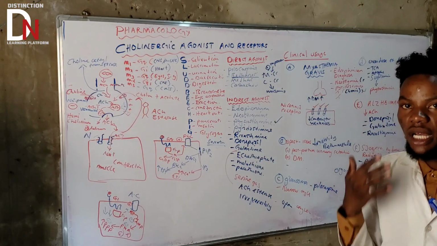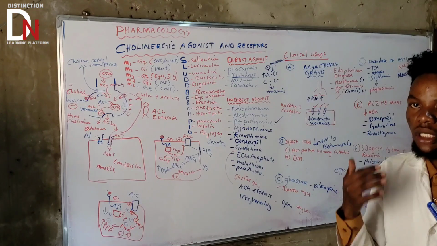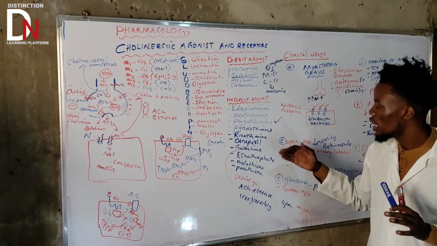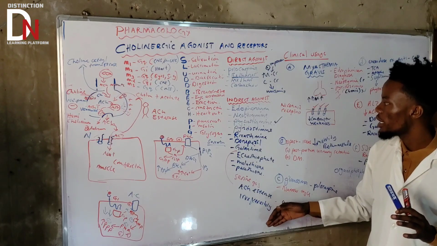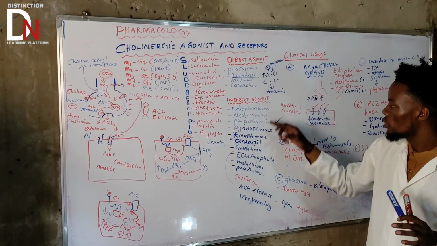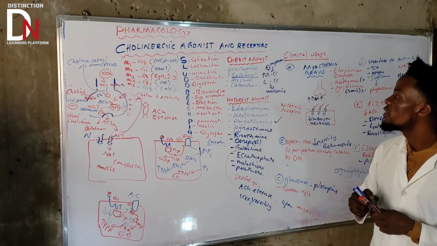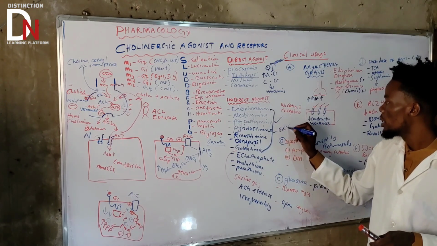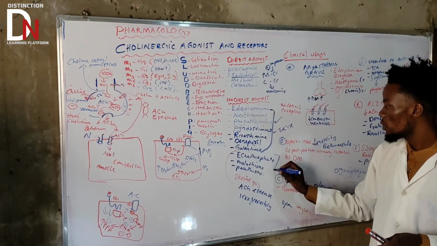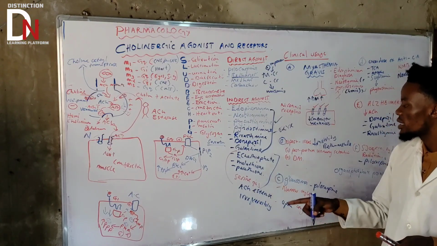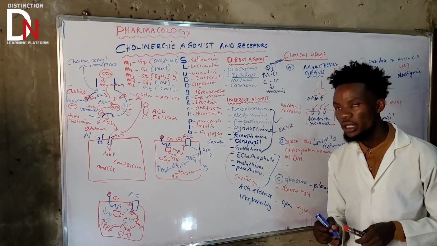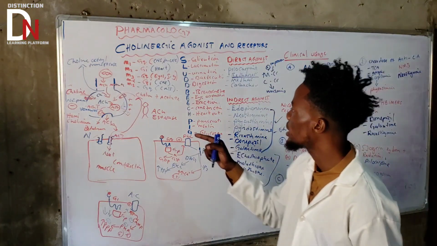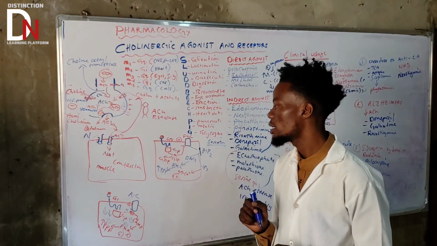The body has to make new acetylcholinesterase. So these are irreversible acetylcholinesterase inhibitors. Starting from edrophonium up to galantamine, these are reversible. But starting from echothiophate up to sarin gas, these are irreversible acetylcholinesterase inhibitors.